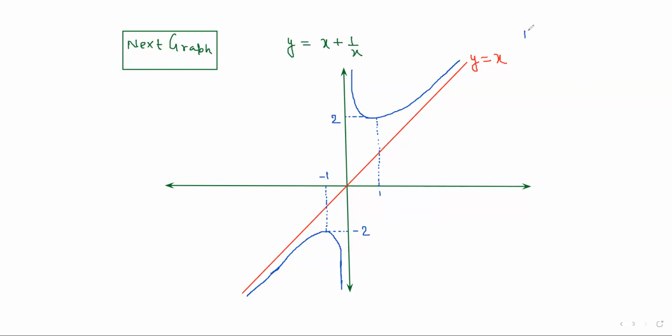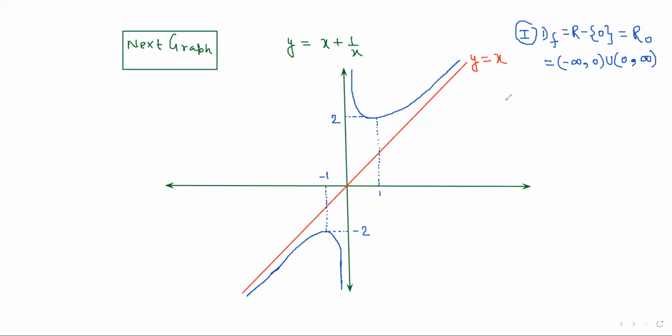So first condition here: what is the domain? So just observe the domain. The domain is simply R minus 0. You can also say that it is minus infinity to 0 union 0 to infinity.